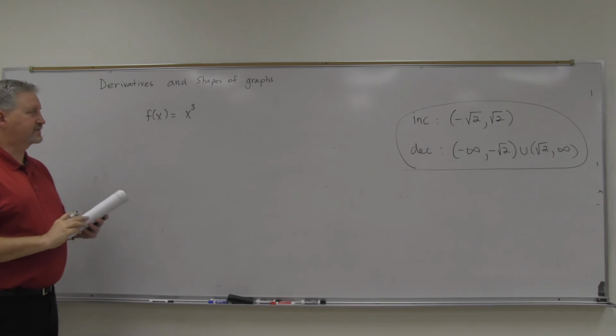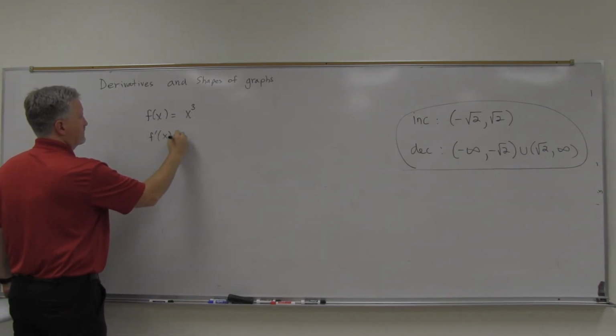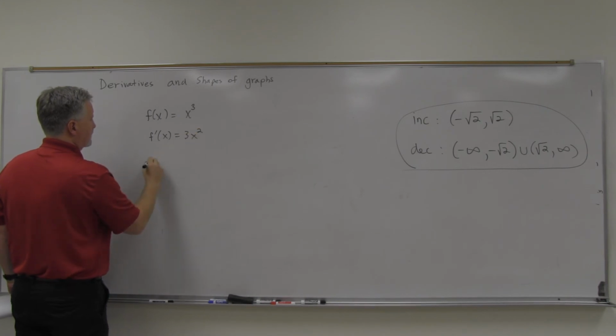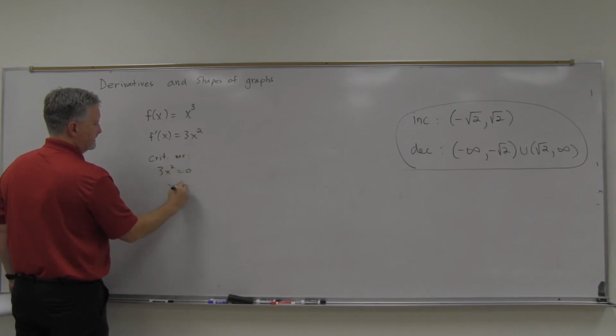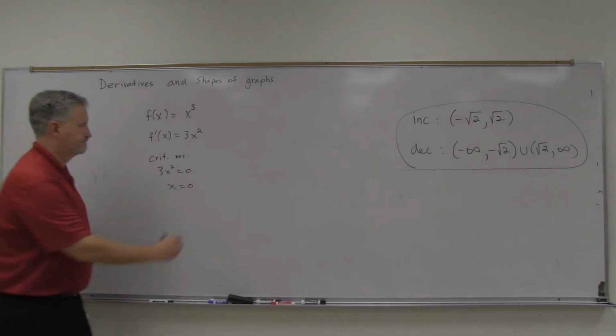Our derivative there is 3x squared. So our critical numbers would be where that equals 0, which is 0. Solve it however you want to, but the critical number there is 0.